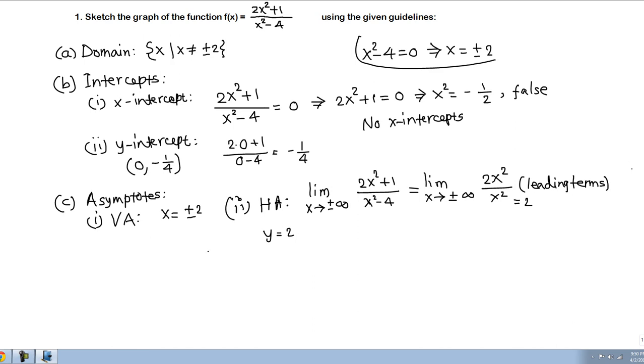And the guideline says the next is, I was supposed to go for symmetry first, but I found asymptotes. Let's go to symmetry. It doesn't matter which one comes first.